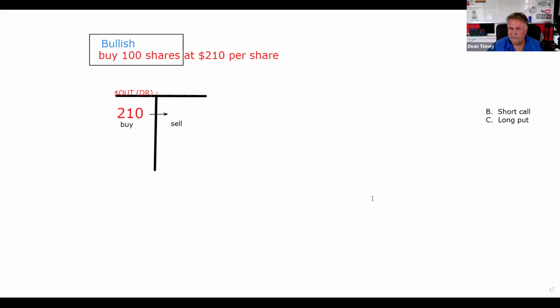So we're either going to create an obligation to sell the stock that we own, or we're going to establish the choice to sell the stock that we own. I say, Gina, one of the reasons you might want to consider selling an option is to get paid to do something you're already prepared to do.